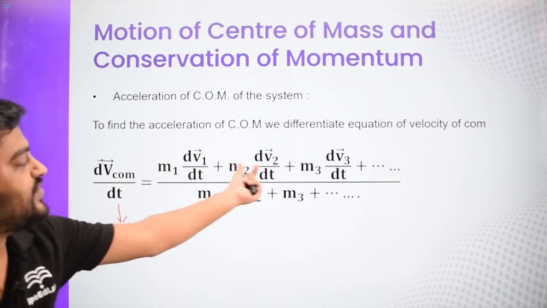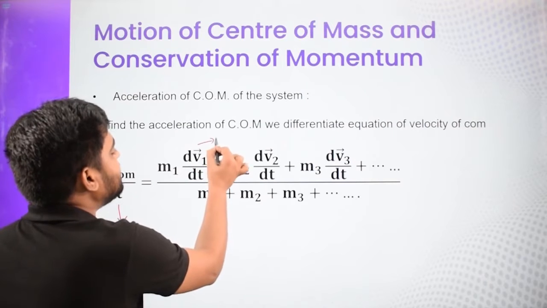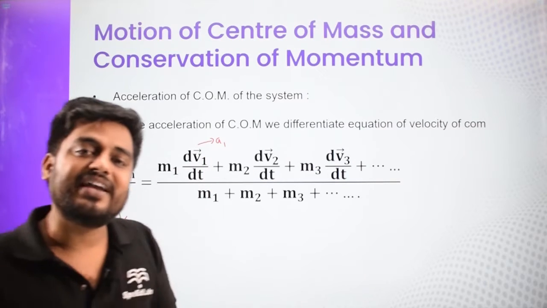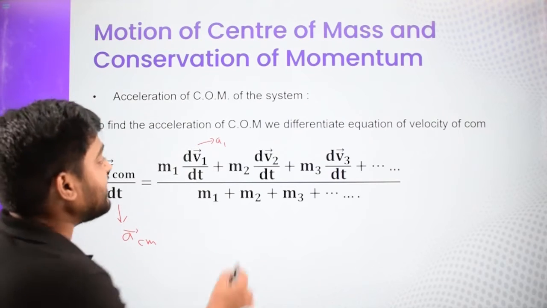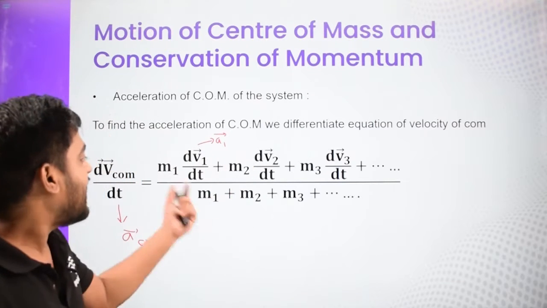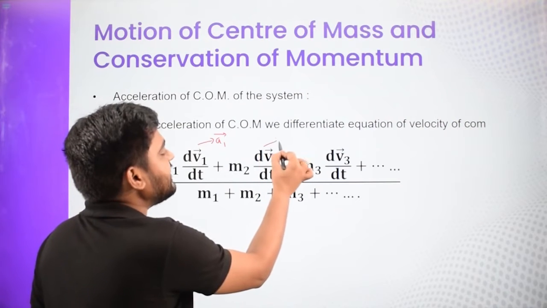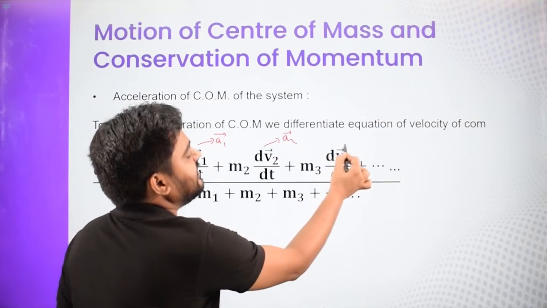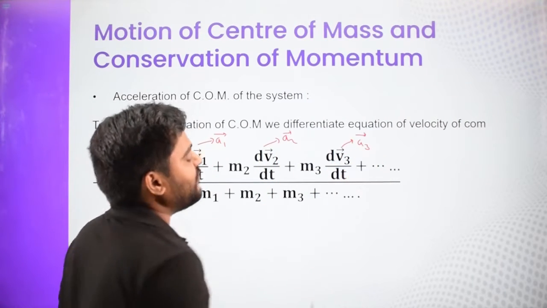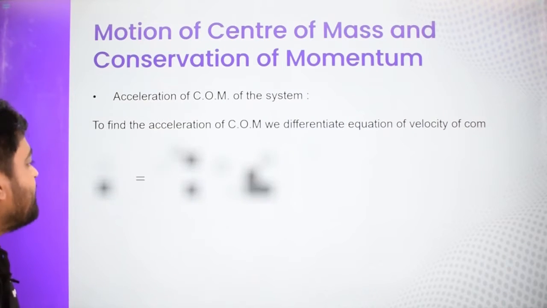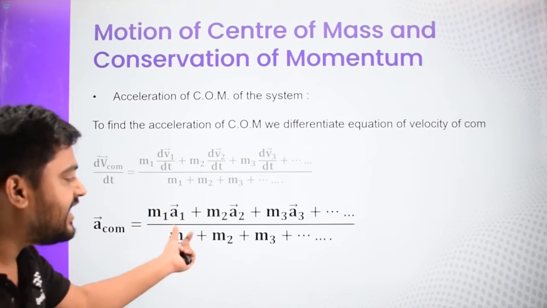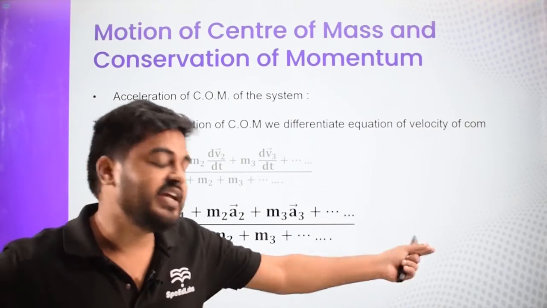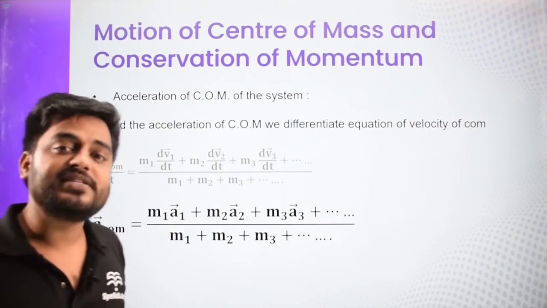And these individual terms: dv1 by dt means rate of change in velocity of particle 1, which is the acceleration of particle number 1, a1, having mass m1. Similarly, this is a2, this is a3. So our formula becomes: acceleration of center of mass is equal to m1 a1 plus m2 a2 plus m3 a3 and so on, divided by m1 plus m2 plus m3.